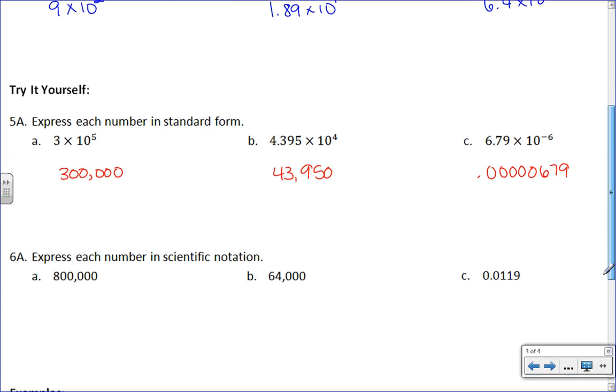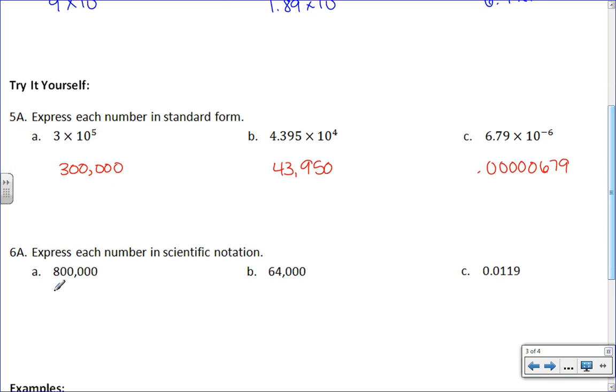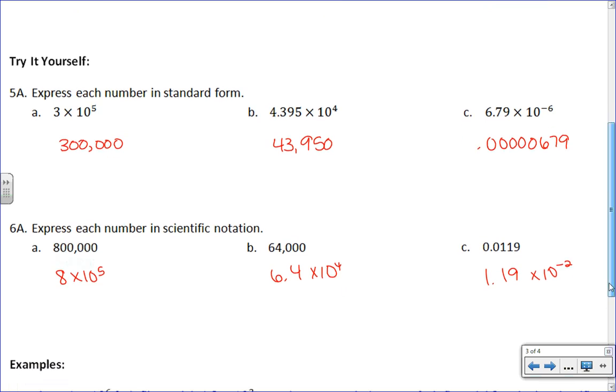Okay. For try it yourself number 6, in scientific notation, this one is 8 times 10 to the 5th. This one is 6.4 times 10 to the 4th. And then 1.19 times 10 to the negative 2nd.